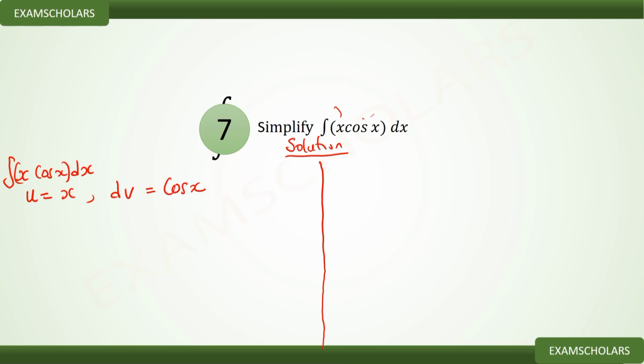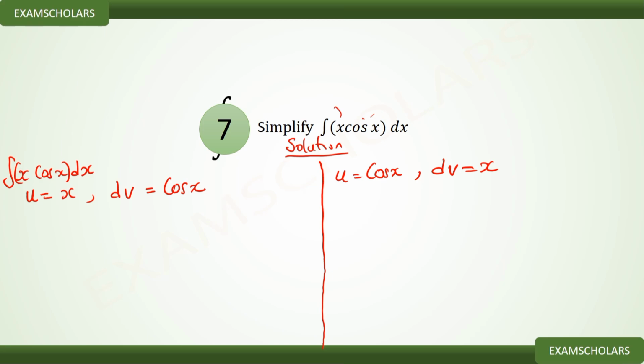Here, if you like, let's say you now want to choose u equal to cos x, dv equal to x. Let's see what will happen. We are going to be solving them simultaneously, and I want you to observe something here. That is why I'm saying you must be smart as a student. Know the easiest route to solving a question.